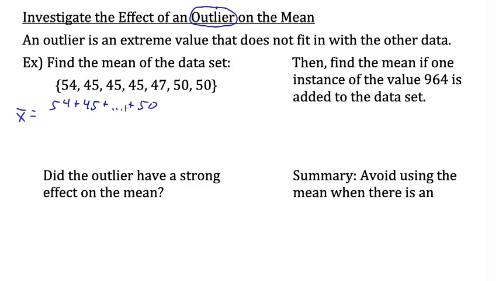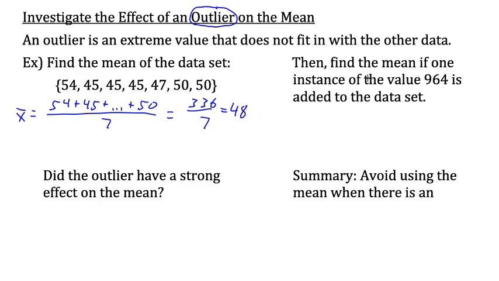So instead of writing all of them, I just put dot, dot, dot to indicate that we're going to continue adding all of these. All right, the sum of all those values is 336. And when we divide by 7, we get 48.